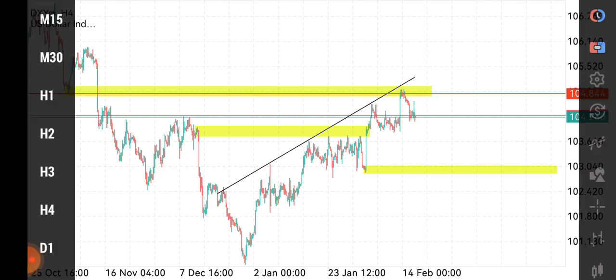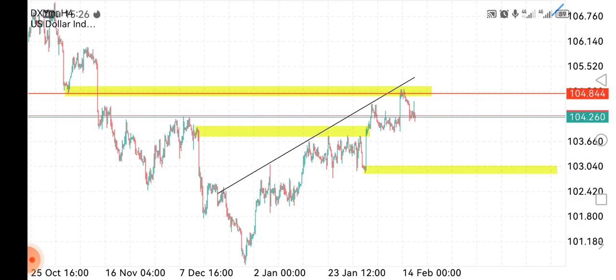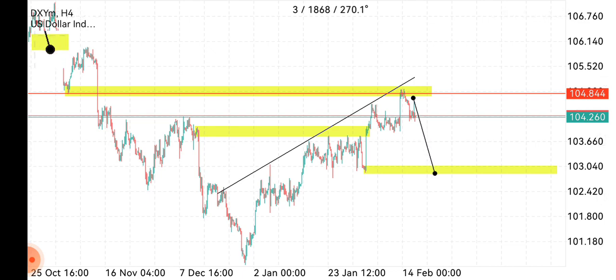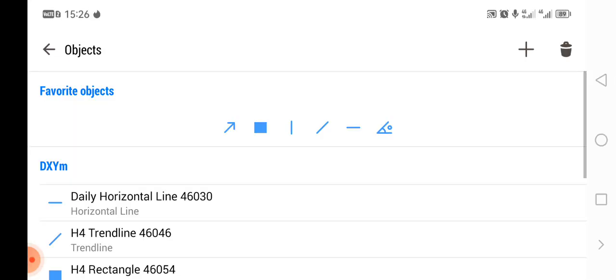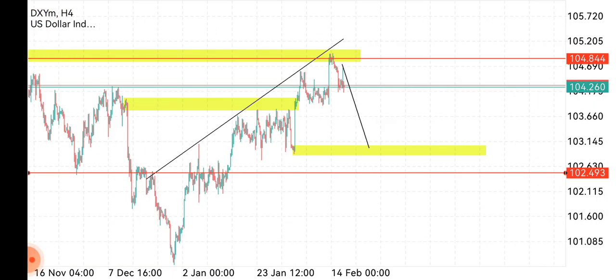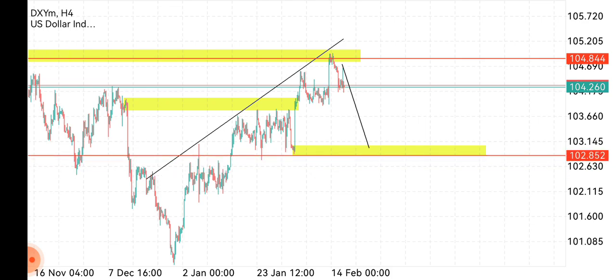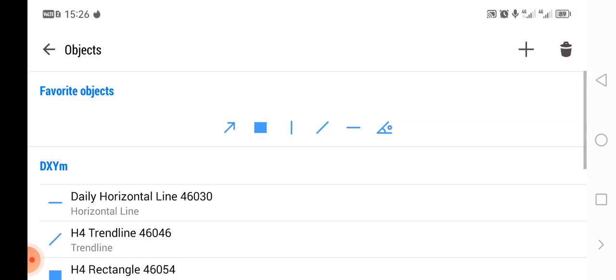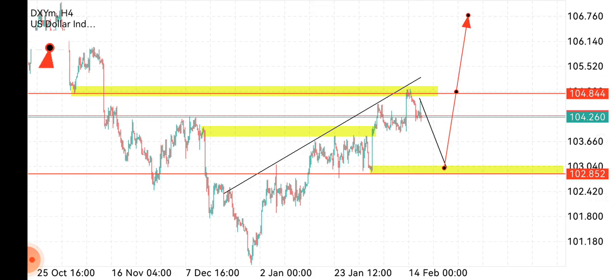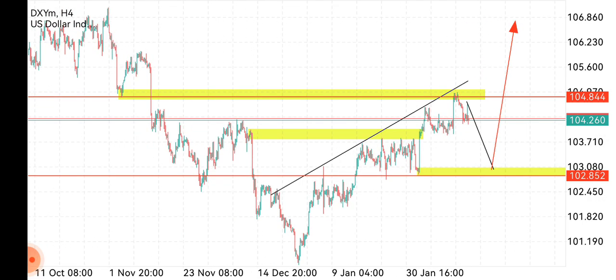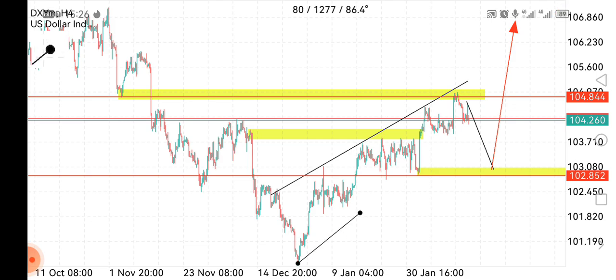For now, I'm only looking for selling opportunities on dollar index all the way to this level. I'm expecting dollar index to be bearish all the way to this level, and that's where I'm going to wait for the smaller time frame structure to take a buy and continue bullish with it. But at the moment, dollar index for me is bearish.